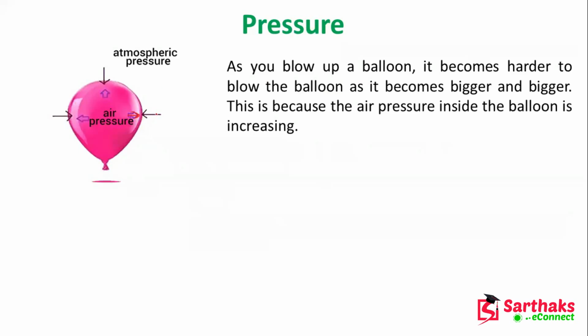Already the atmospheric pressure is acting in this direction. That's why the atmospheric pressure resists the movement of the surface wall of the balloon. So it becomes harder to blow the balloon as it becomes bigger and bigger.